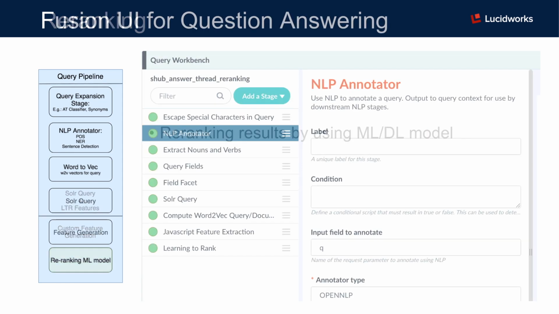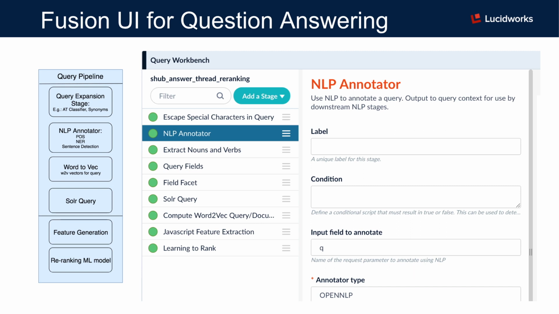Here is how it looks in the Fusion UI. For example, the web page of the NLP annotator stage. This stage now allows you to choose either OpenNLP or SparkNLP to do the POS, NER, and sentence detection. You can specify the input field to annotate and the annotator type.